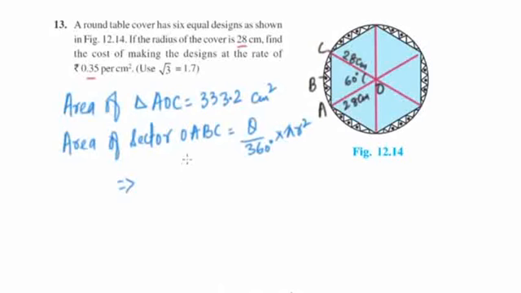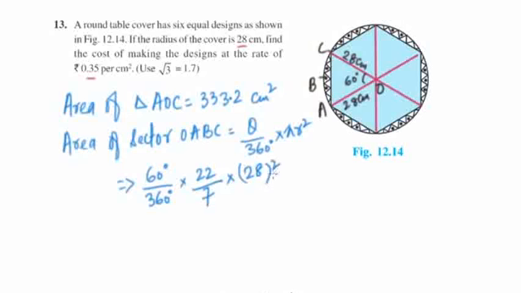Now let's find the area of sector OABC, that is theta divided by 360 degree multiplied by pi r square. So it will be 60 degree divided by 360 degree multiplied by 22 by 7, and the radius is 28.